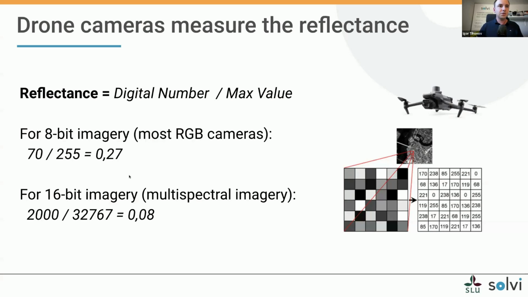Multispectral imagery usually uses a 16-bit range, and usually half of that range is reserved for reflectance, so the maximum number will be 32,767. If you take a number and divide by it, you will also get the reflectance. So that's how it works in practice, and that's what the images you capture with the drone represent.